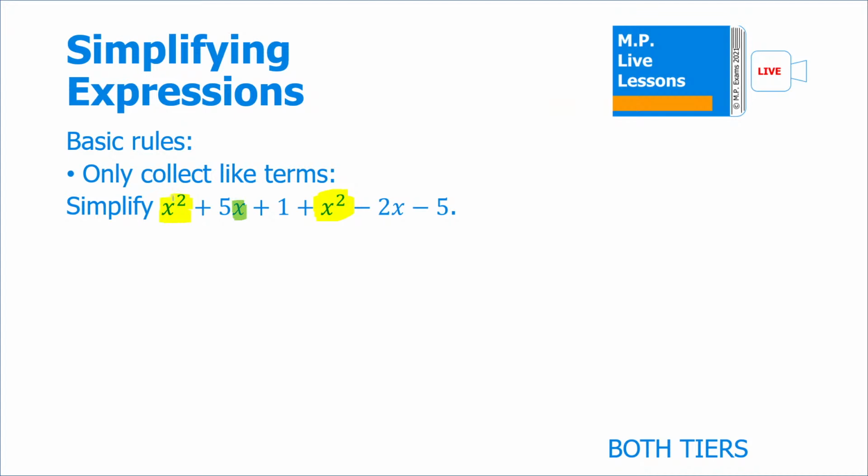So this is a single x along with the 5 as well. This has a single x along with the -2 as well. Don't forget the signs. And then at the end you also have just some normal numbers, which is 1 and then -5.